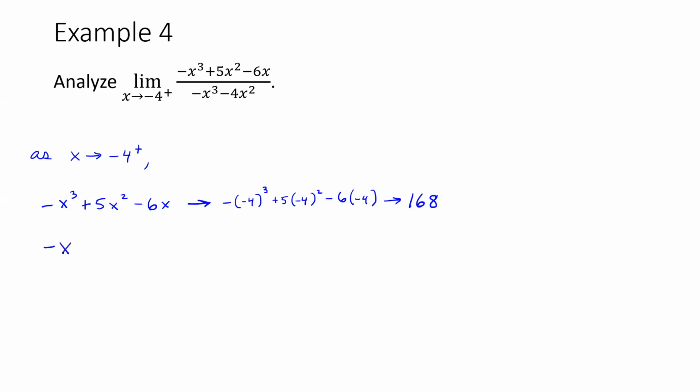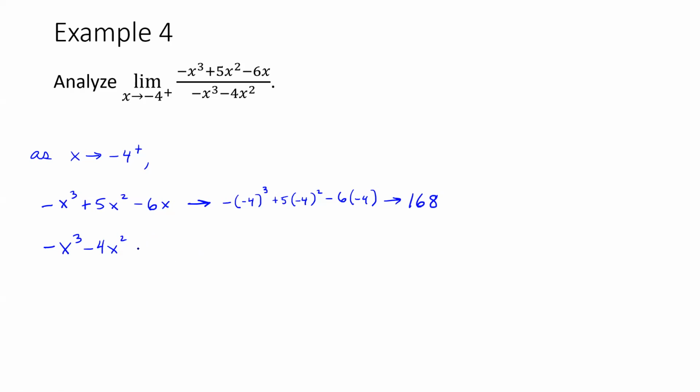Then let's look at the denominator, negative x cubed minus 4x squared. Here again, we're approaching negative 4 from the right. Before I plug in, it's going to be helpful to think about whether we're getting a negative or positive value here, because that can be the tricky part.